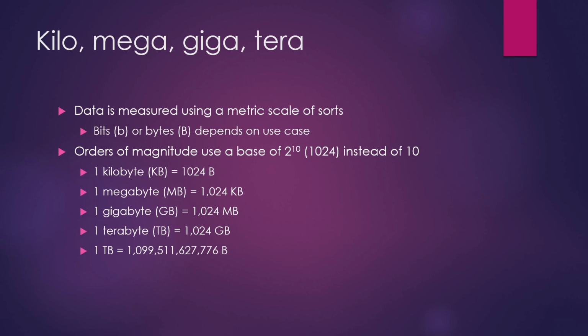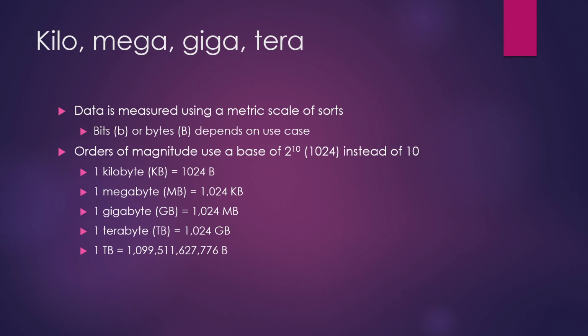Bits are used in data transfer to measure speed. Say something might be downloading at 10 megabits per second, or something might be uploading at 1 megabit per second. That is how we measure data transfer speeds across networks.